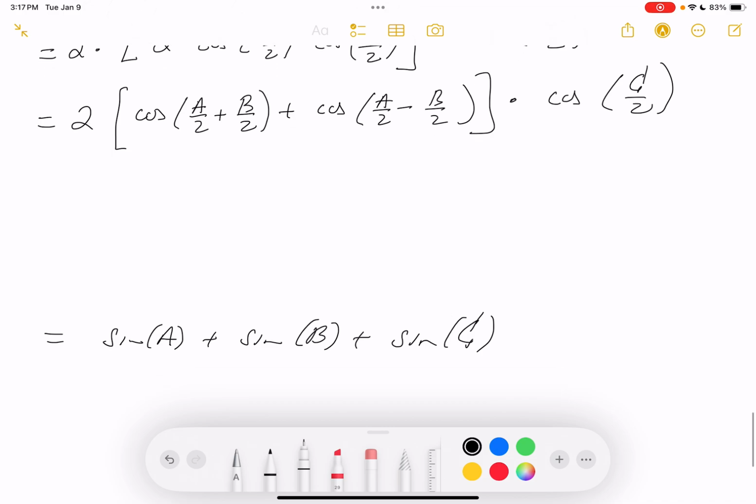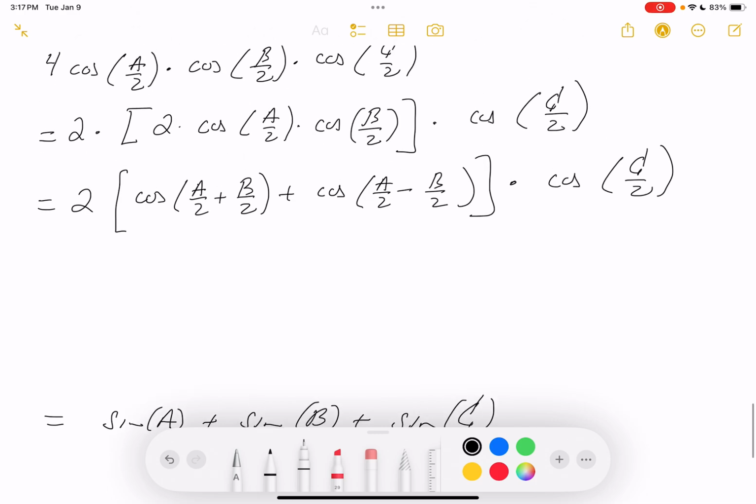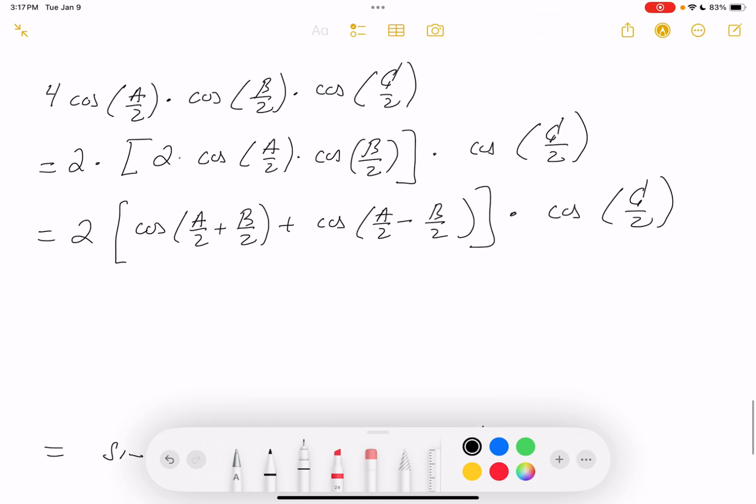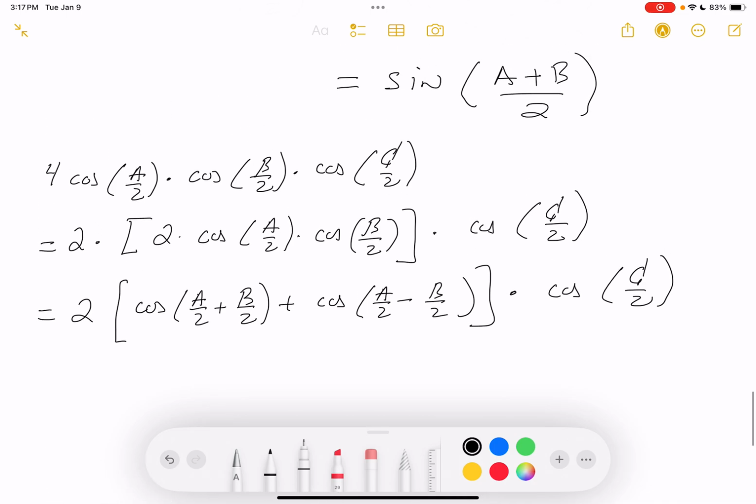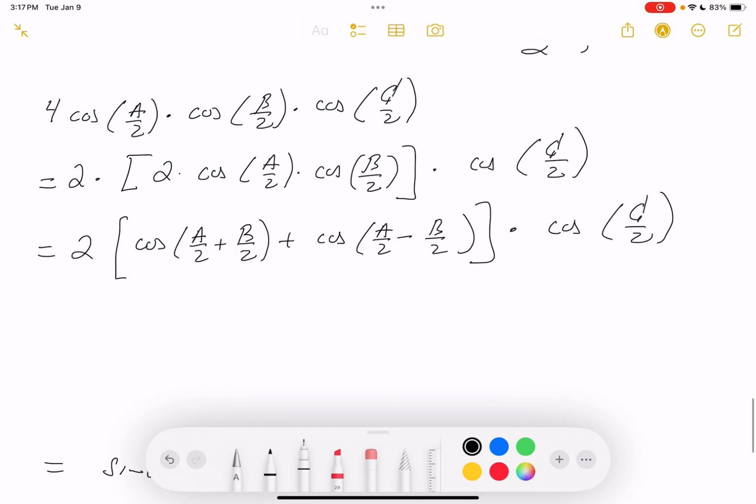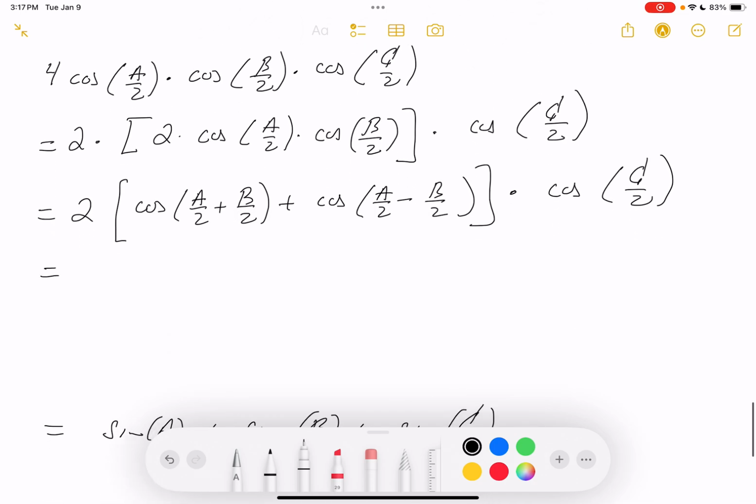And the next thing I want to do is the cosine of C over 2. I think I did that before, too, right? Oh, yeah, look at that. I'll write that down. So 2 times cosine A over 2 plus B over 2 plus cosine A over 2 minus B over 2.